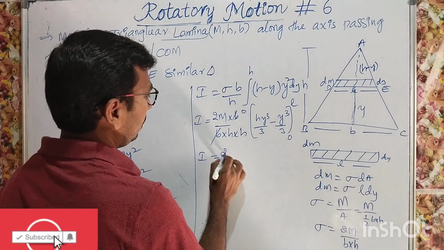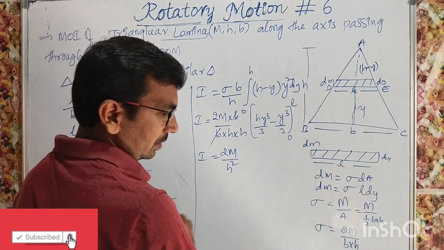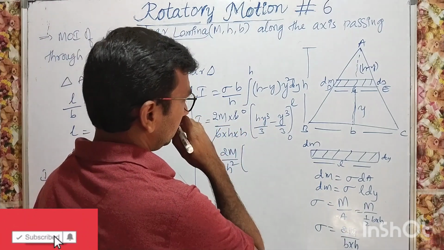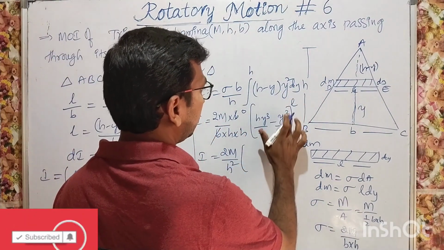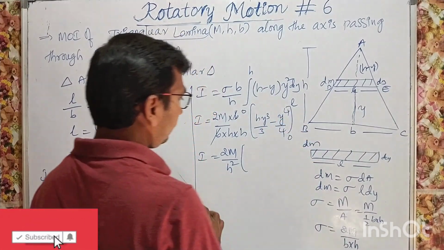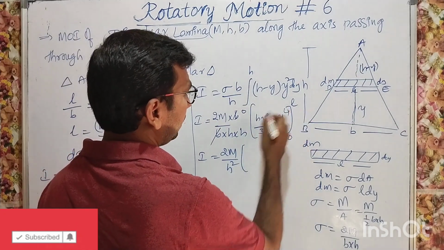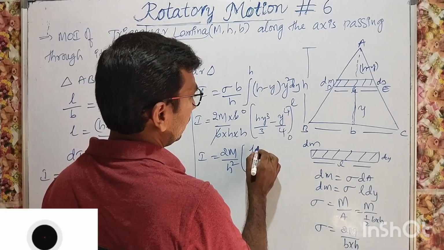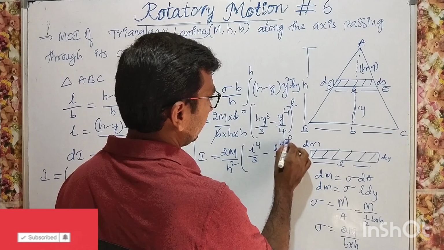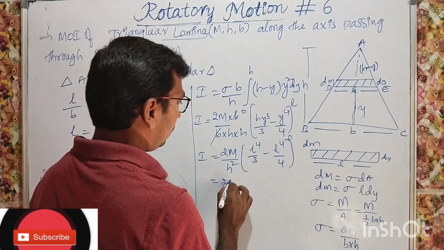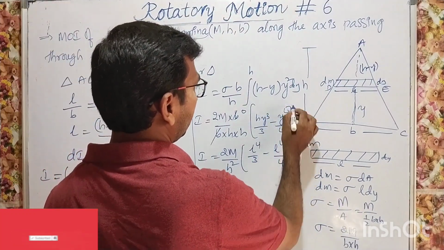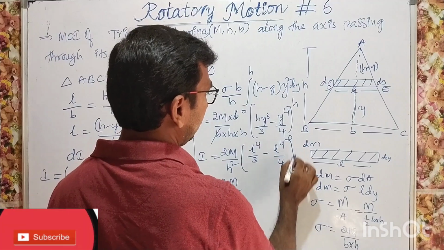So I is equal to 2m by h square, and you can simplify: h to the power of 4 by 3 minus h to the power of 4 by 4. h to the power of 4 is common, with 2m by h square.